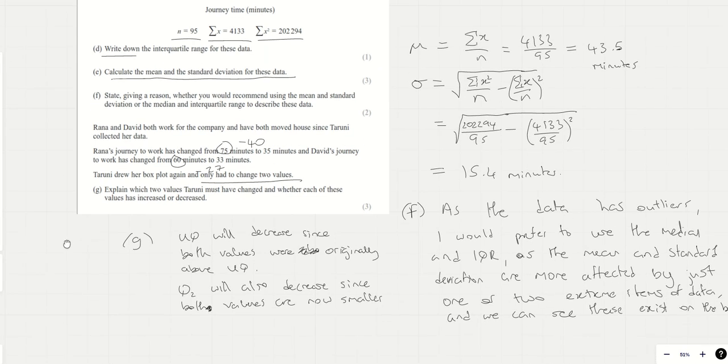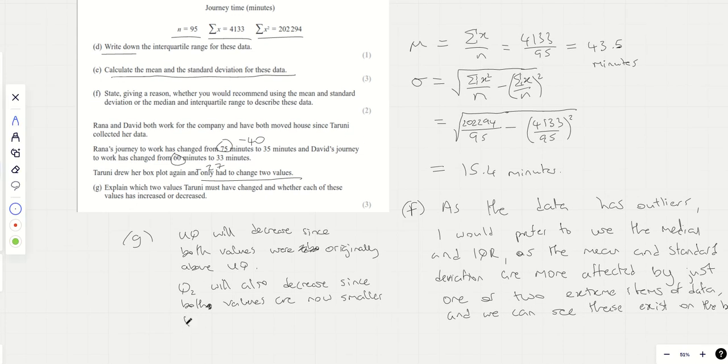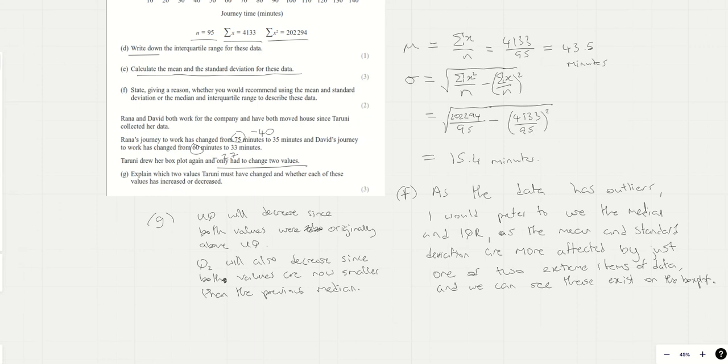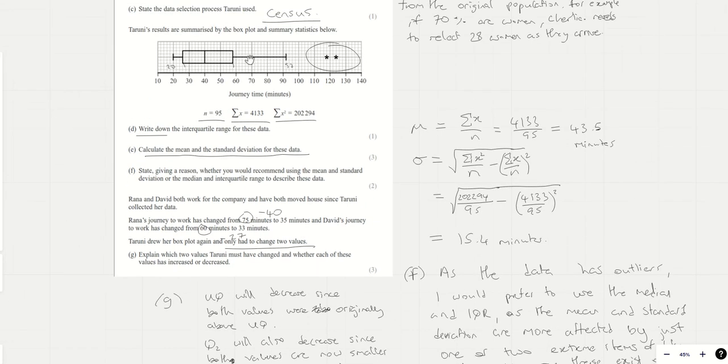Yeah, that must have the effect of bringing the median down. Nothing else will change though. They can be quite hard, those kinds of questions. Sometimes you really do have to think, and that should get you the mark. I'm just going to quickly check I'm right there. Yep, both Q2 and Q3 will be lower, and it's about the fact that they were both above the upper quartile and they moved to lower than the median. Do you see what I mean? Like they were both here, then they moved down here, so that value and that value need to move down.